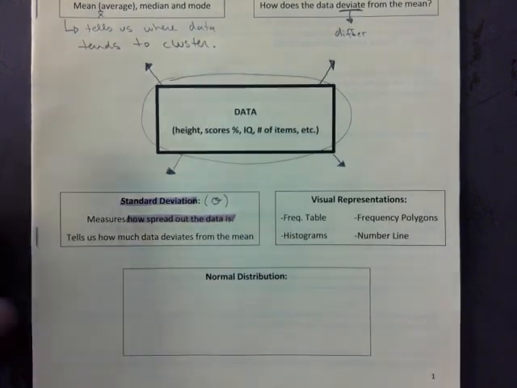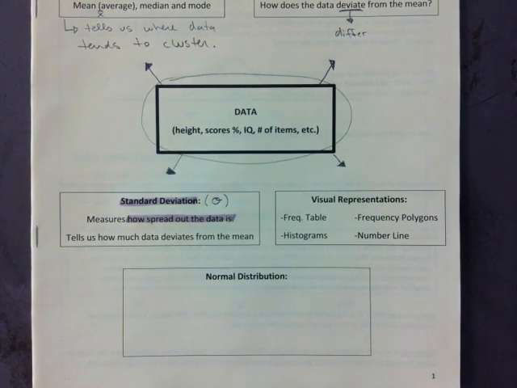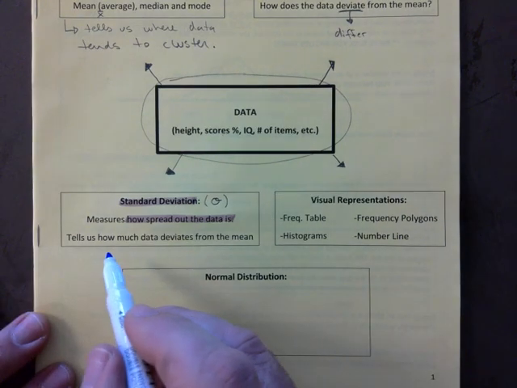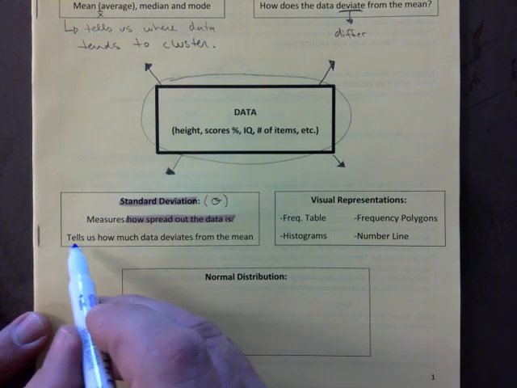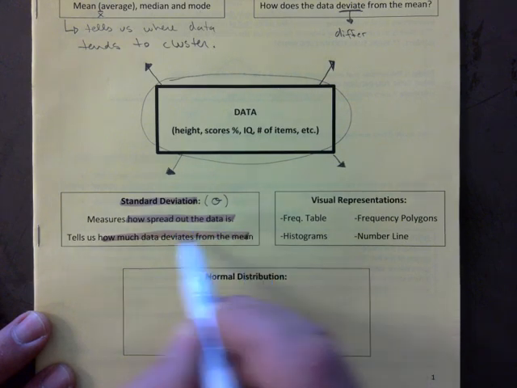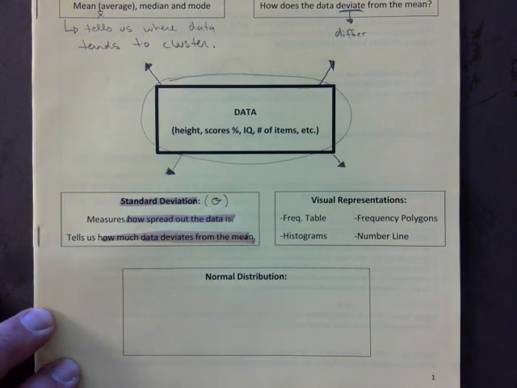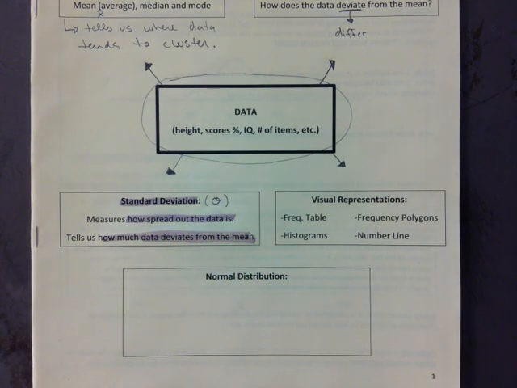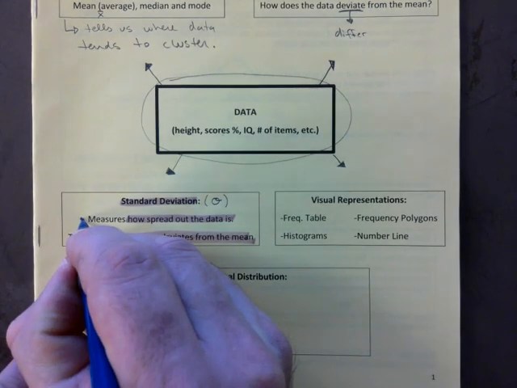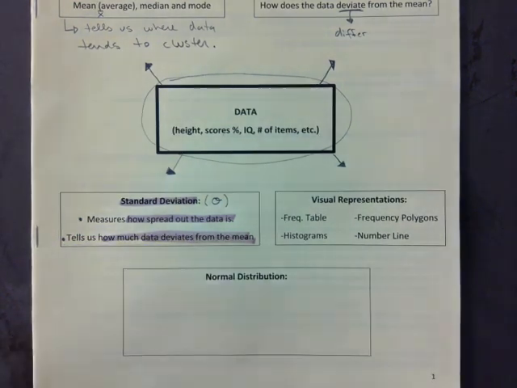Is it spread out or is it closer together? That's what standard deviation tells us. How much data deviates from the mean? That's another way of saying it. It tells us two things, right? So you can put a bullet for each line, because it tells us two things, okay?